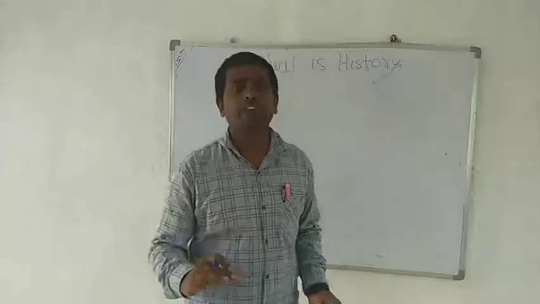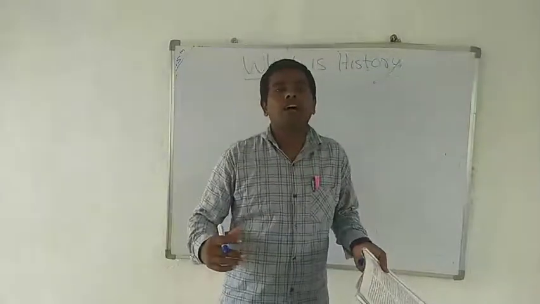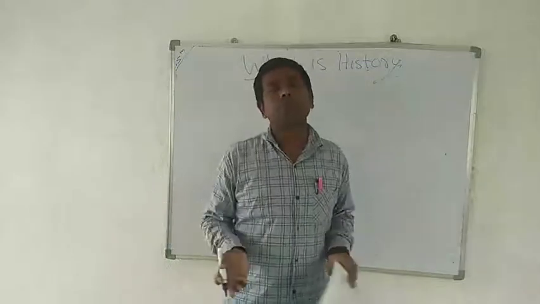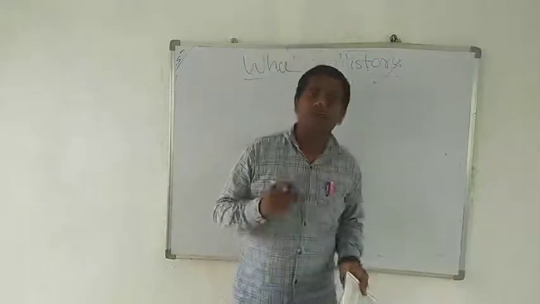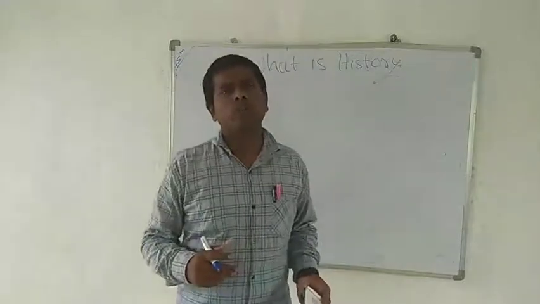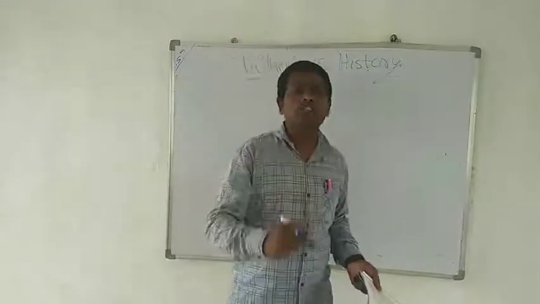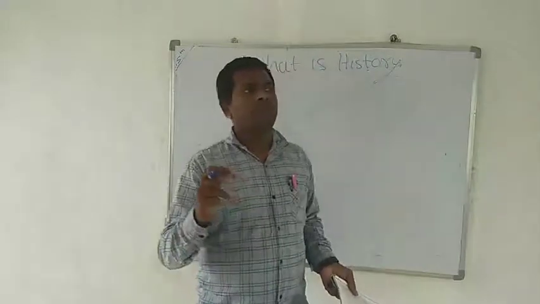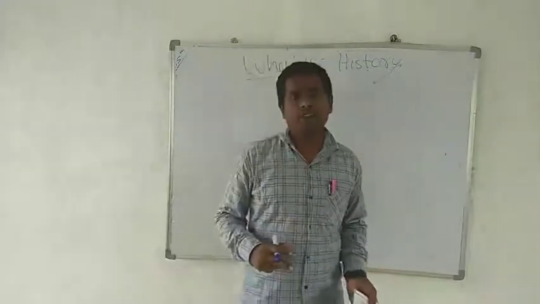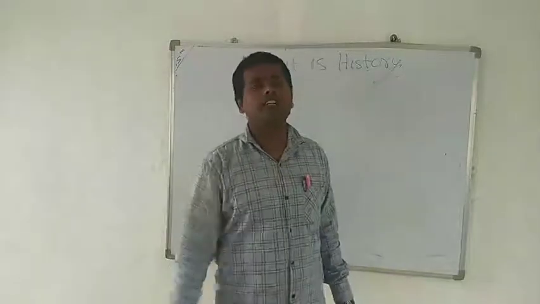Suppose a small tree became a massive tree after some years, and if you want to know the age of that tree, there is a scientific method to find it.